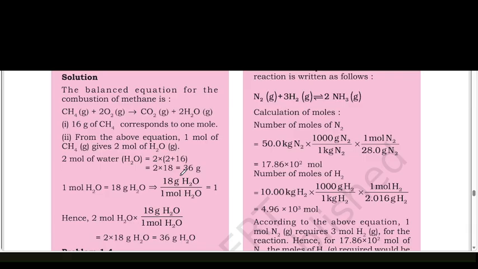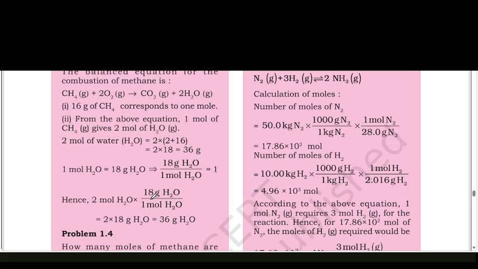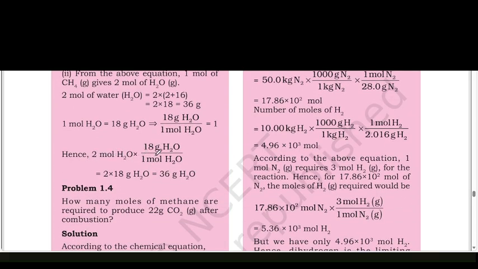So from the above equation, CH4 gives 2 mole H2O, and 2 mole H2O means 2 into 18, so 36 gram water. 1 mole H2O means 18 gram. So 36 gram H2O is produced.